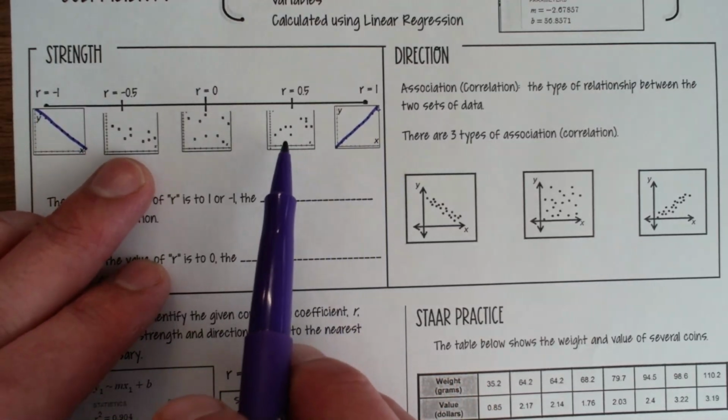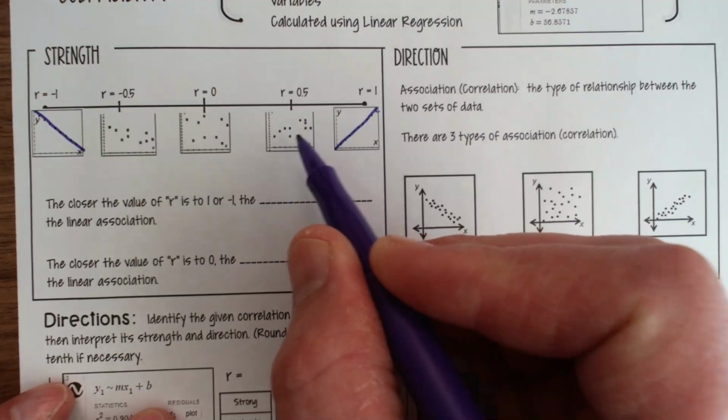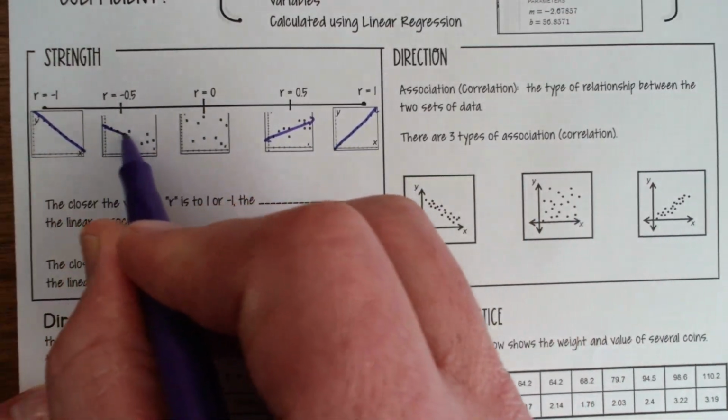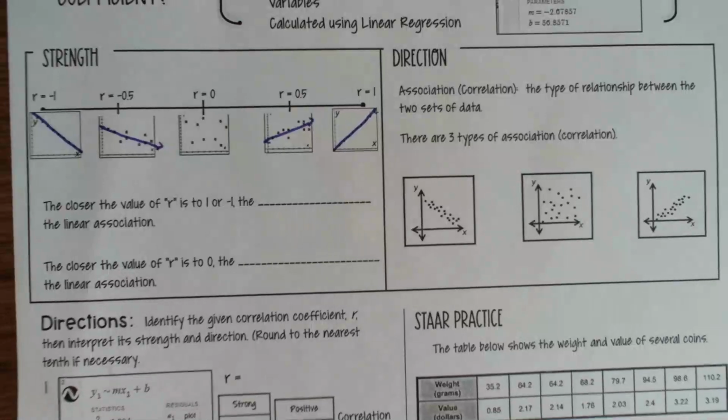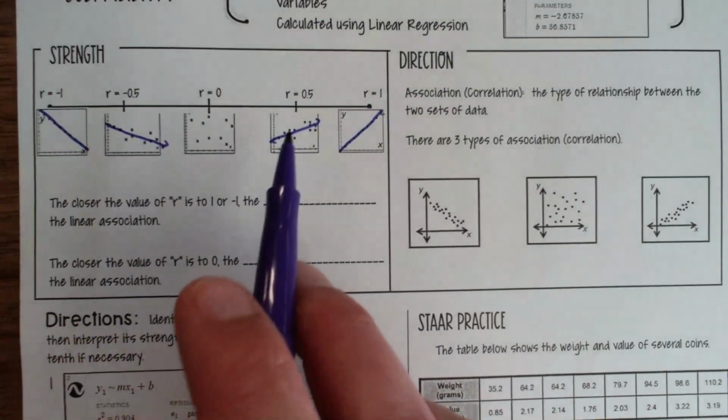A value where it's 0.5 or -0.5, you notice if I draw a straight line that goes through that, I don't hit all of the points. I hit some of them, but I'm in between some others.